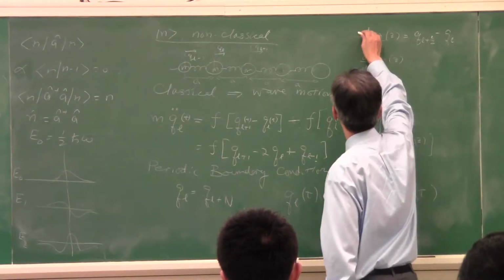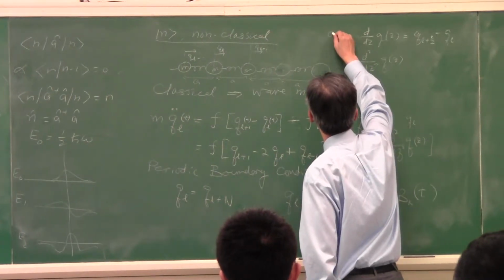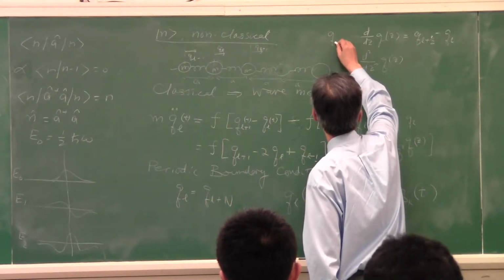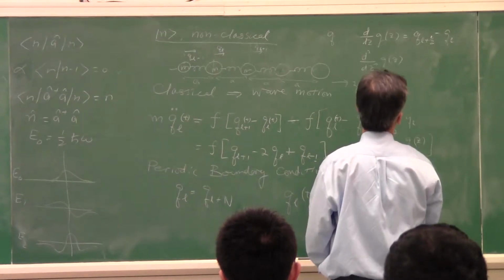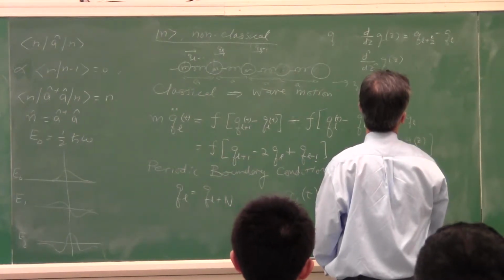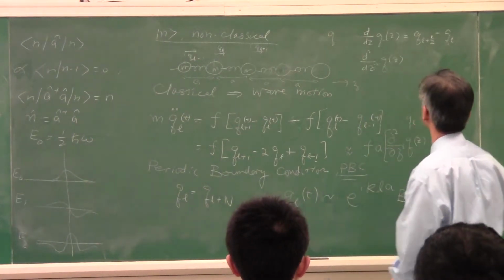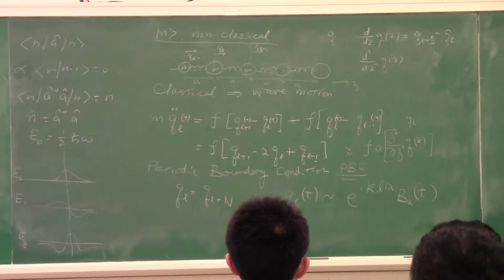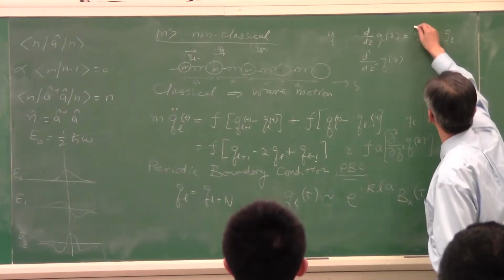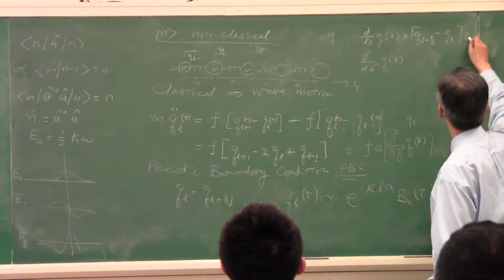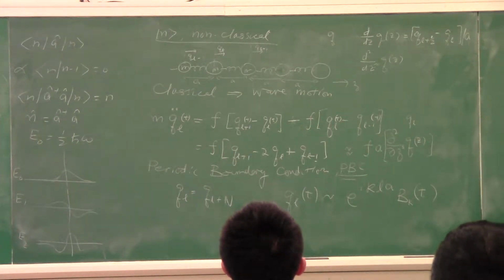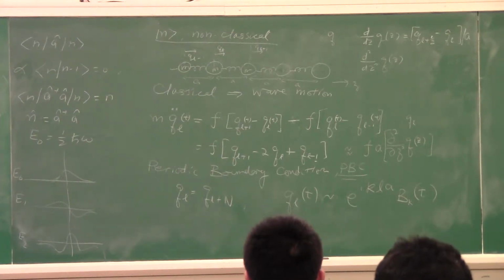So this would be the value of q_l. Let me see, does this make sense? That should be divided by a. This would be the finite difference approximation of that.